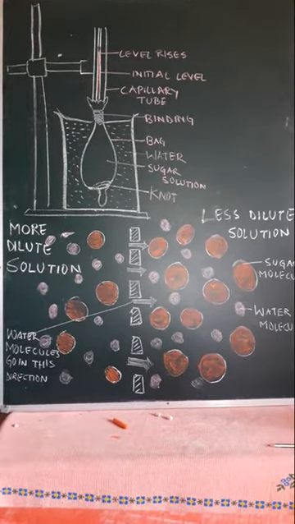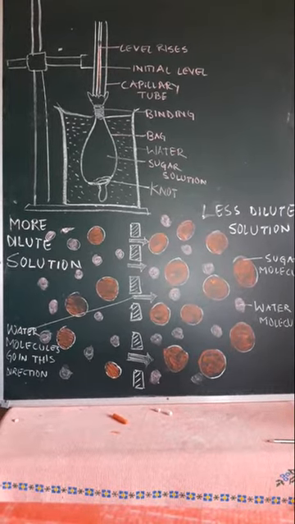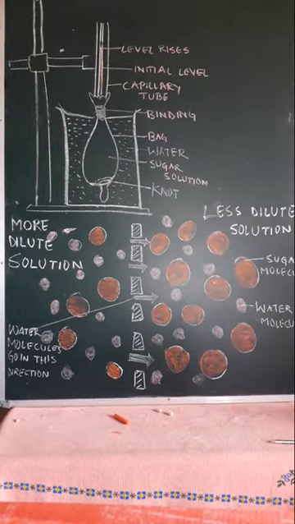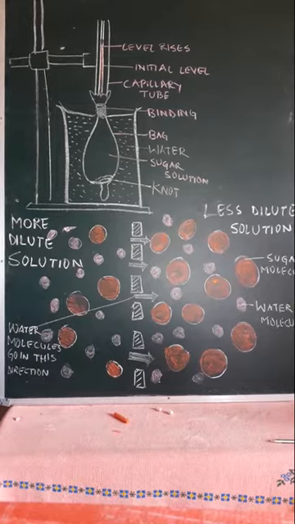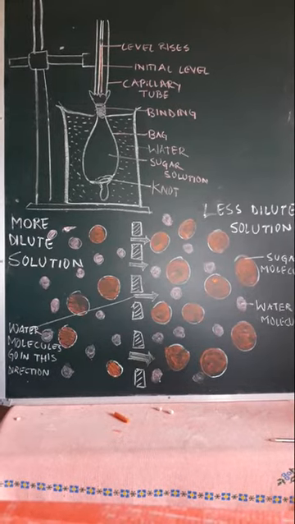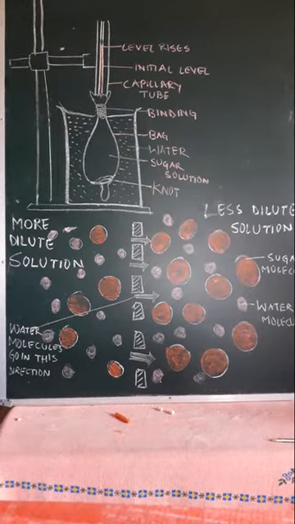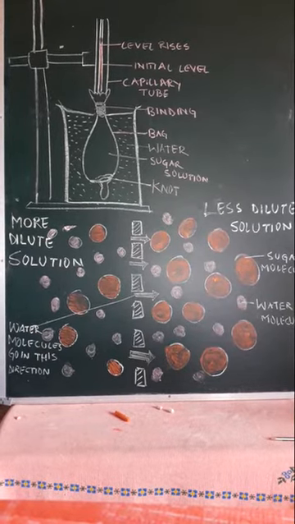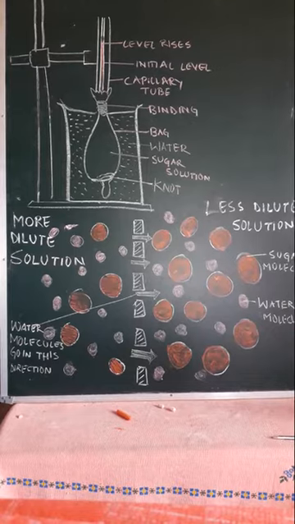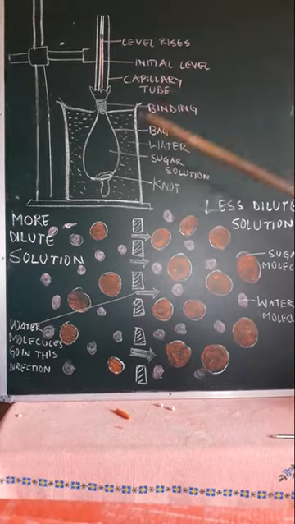Next, two key points in the above experiment whatever we have seen. First is regions of different concentration of water molecules, or two regions of different concentration of sugar molecules. Second, the two liquids are separated by a semi-permeable membrane.